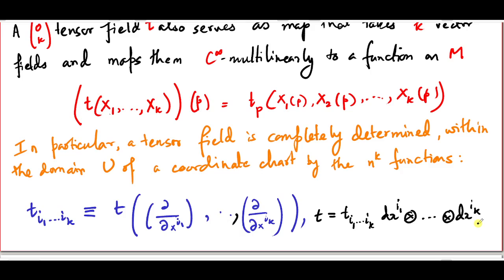Now, in today's lecture, what we are going to do is take a look at other kinds of tensors, namely the so-called contravariant tensors, which is an old term, and mixed tensors. Since we have already taken a look at the covariant or 0K tensor and 0K tensor field in some detail, and most of what we are going to do today mimics that very closely, I am going to go very fast.